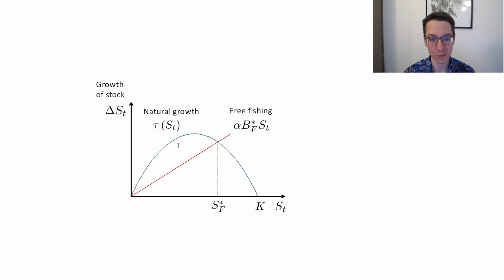So at the equilibrium, I have that the natural growth minus the harvest equals 0. So I find that my steady state is here, S star of F. It's lower than K. So that's what's going to happen if people start fishing.